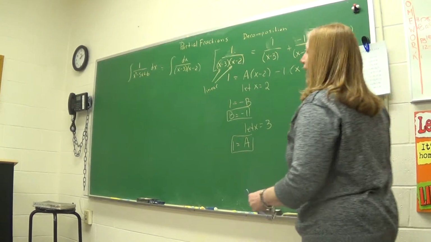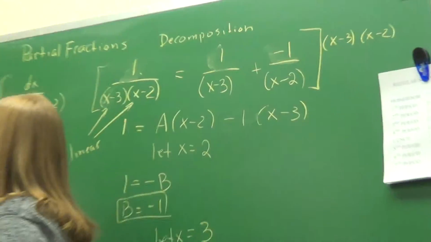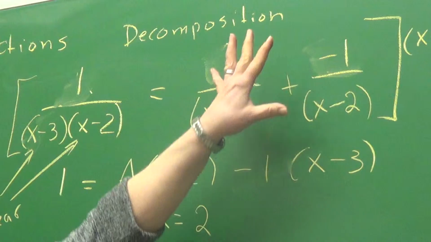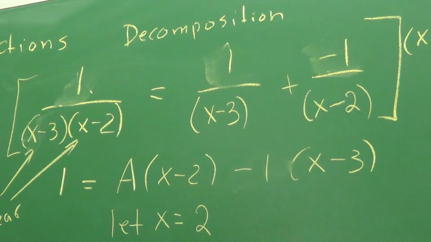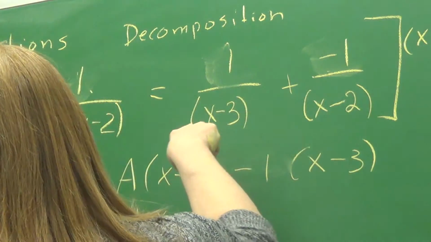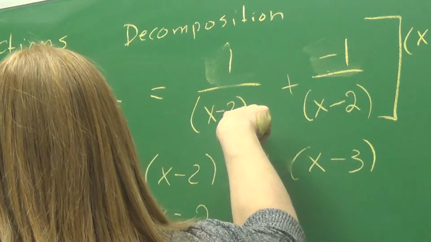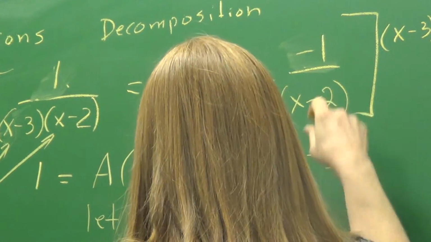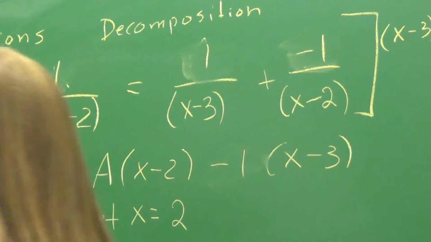So, class, this is my moment of triumph. Is this something you can integrate? No. Is this something you can integrate? Yes. So, would you integrate that, Jonathan? I want you to integrate 1 over (x minus 3) and negative 1 over (x minus 2). So what will the integral be?